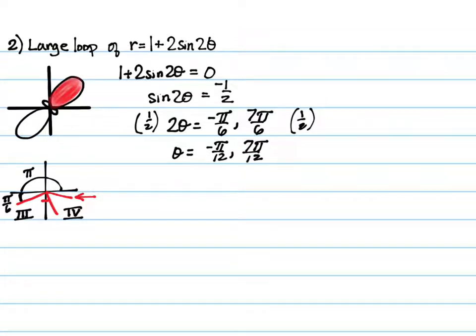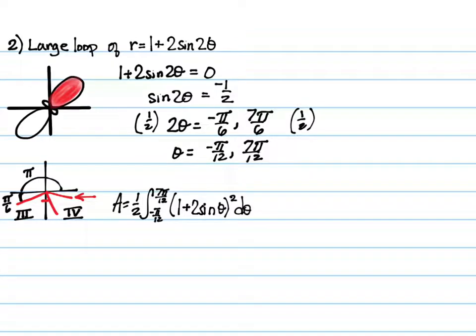And you can check that by using those in your calculator to see that that forms your entire first loop, that larger loop that we were looking for. So my area is equal to 1/2 the integral from negative pi twelfths to 7 pi twelfths of 1 plus 2 sine of 2 theta, and all of that should be squared, d theta.